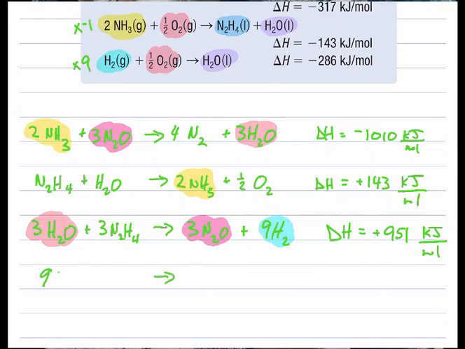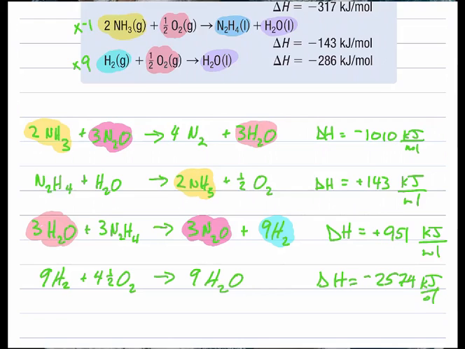So we're going to have 9 H2s, and 4.5 oxygens, and 9 H2Os, and our delta H, we're going to have to multiply that by 9, so 286 times 9 gives us 2574 kilojoules, and it's negative 2574 kilojoules per mole.